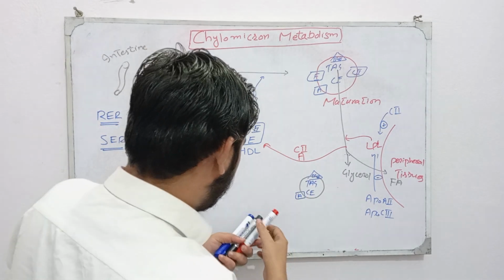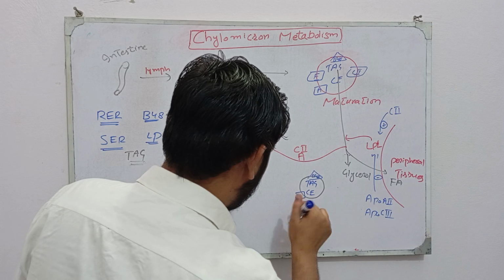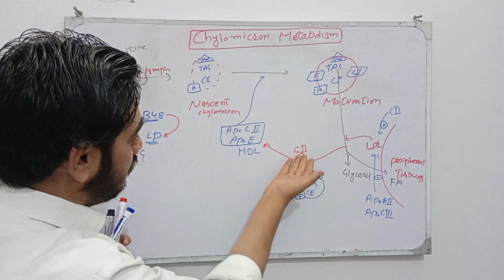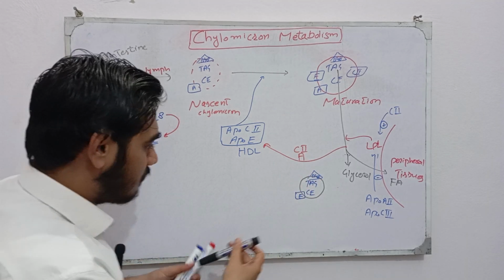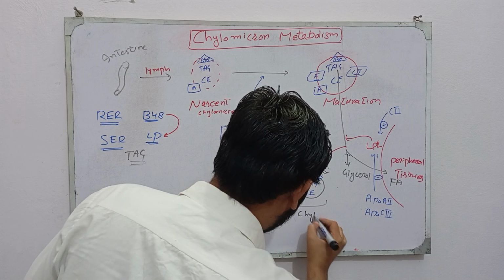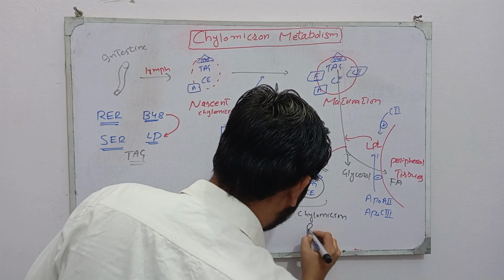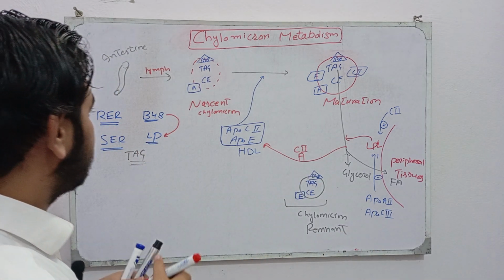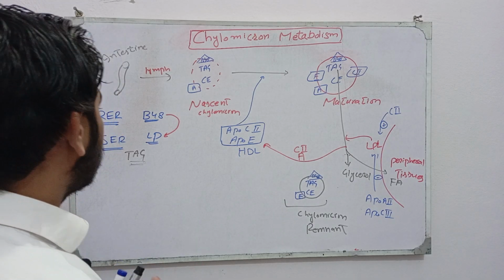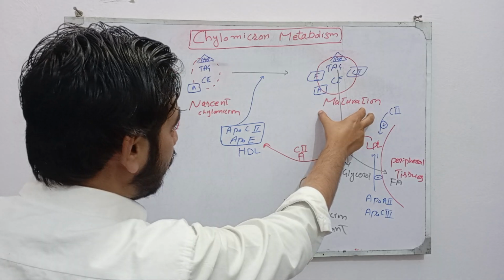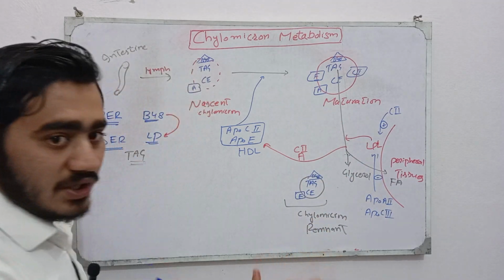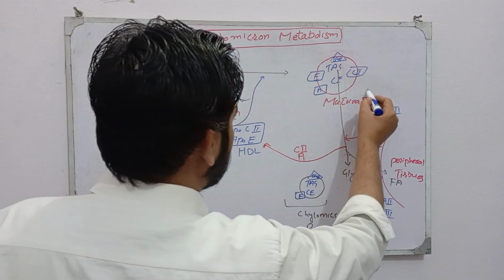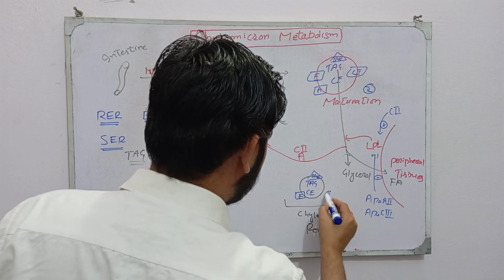Here is the Apo A, Apo E. Okay, students, it loses Apo C2 protein and Apo A protein, and here is the formation of chylomicron remnant. Three steps are completed: nascent chylomicron formation, mature chylomicron, and here is the chylomicron remnant formation. This is the first step, second step, this is the third step.